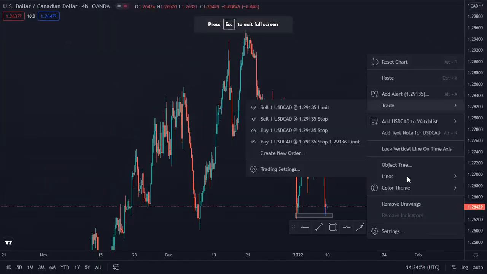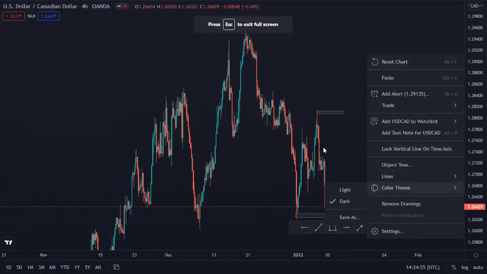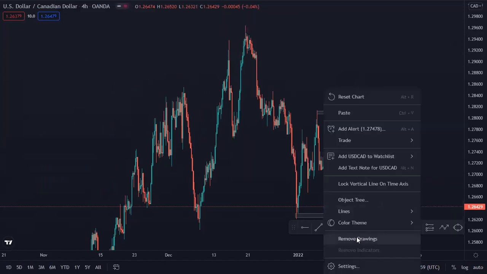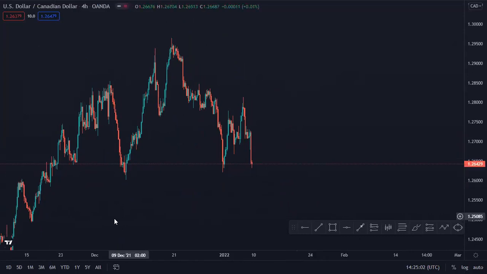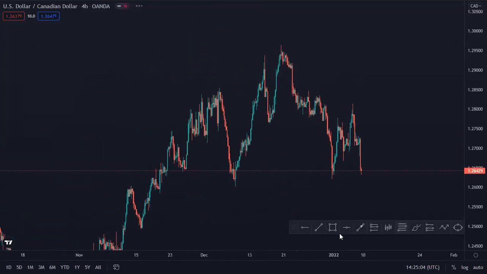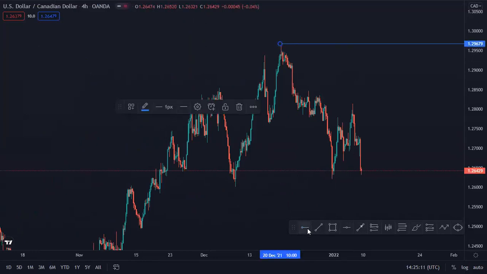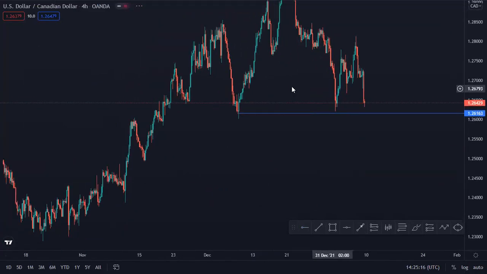Let's remove everything right here. Let's remove every drawing. Yeah, this is what we have here. That's our highest high, and we're going to also highlight this level. Looks like an important level.